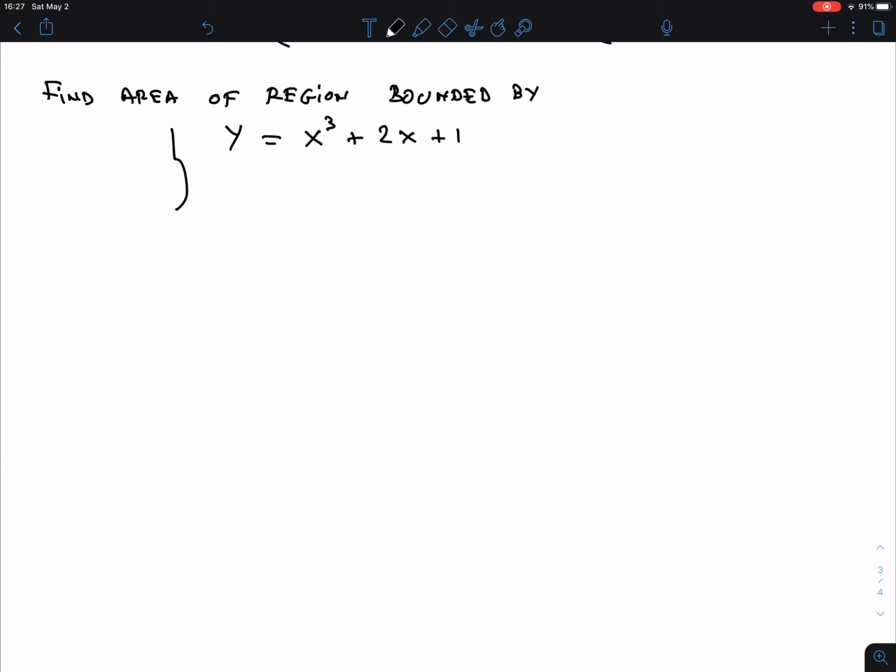Again, find the area of the region bounded by the following two curves, y equals x cubed plus 2x plus 1, and y equals 3x squared plus 2x plus 1.